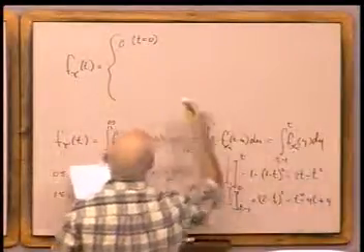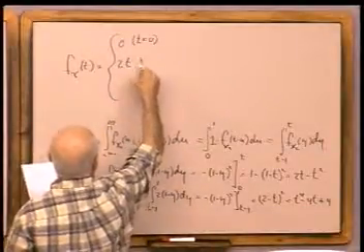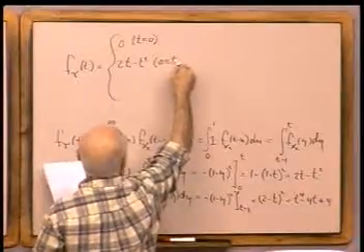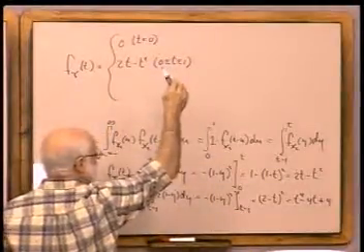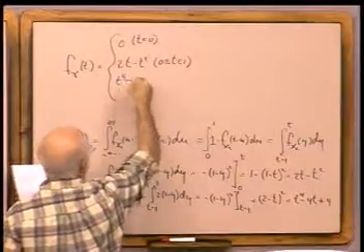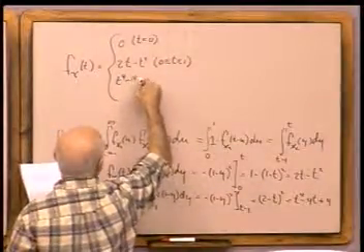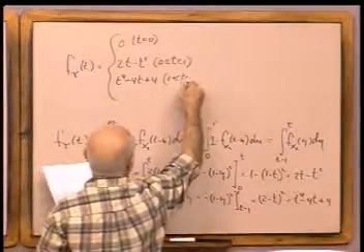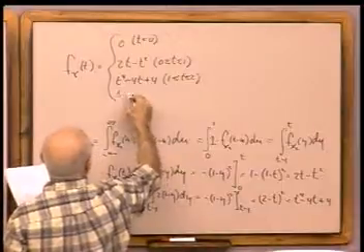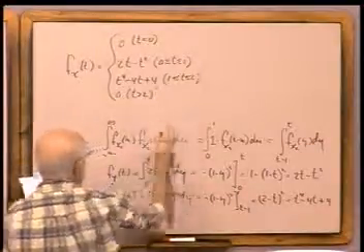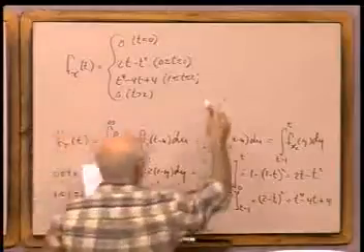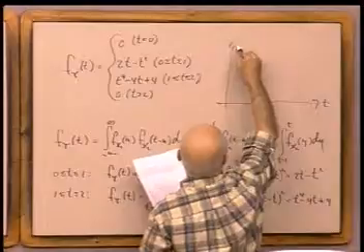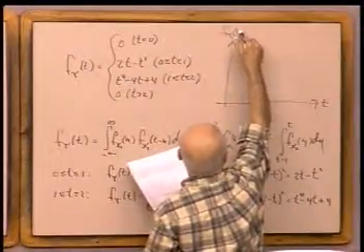It's equal to 2t minus t squared if t lies between 0 and 1. It's equal to t squared minus 4t plus 4 if t lies between 1 and 2, and it's equal to 0 if t is greater than 2. So you could draw the graph of that. So here's t. Here is the density function of y evaluated at t.